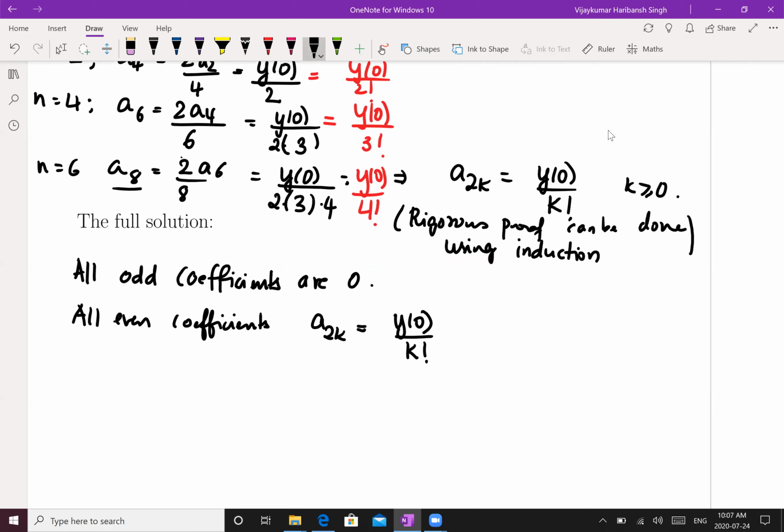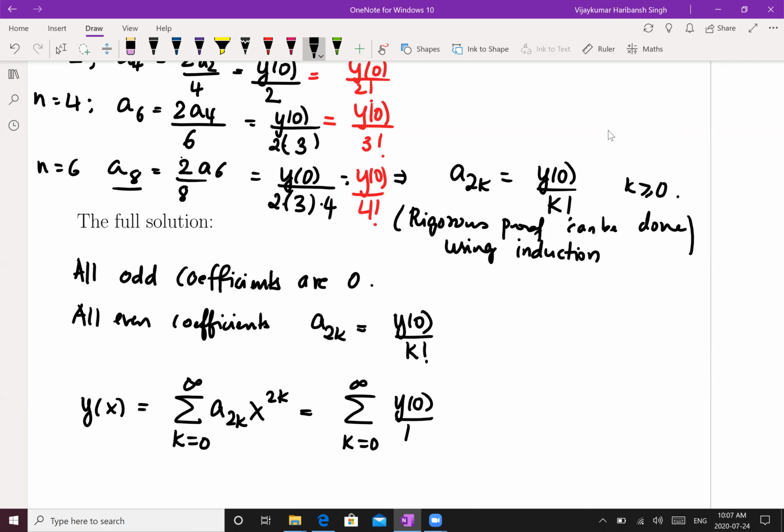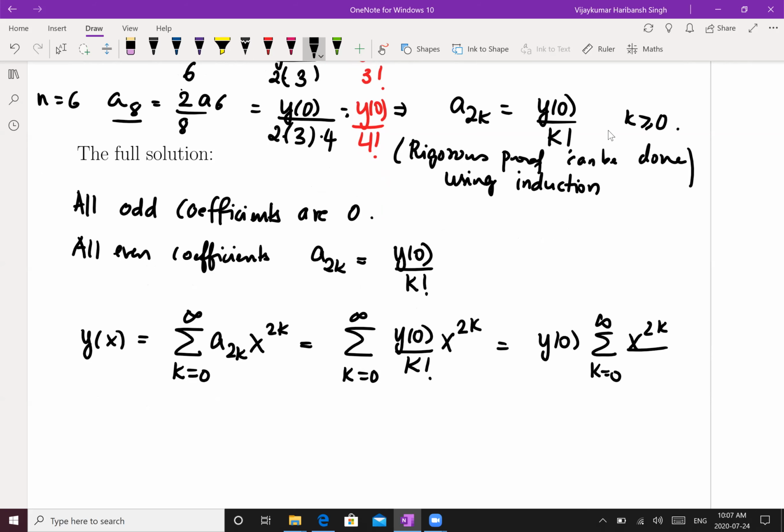So now let's put it back in. y of x is summation k equals 0 to infinity a to the power 2k x to the power 2k. Why is that? Because all the odd ones are 0, so we just need to write the even ones. So this is summation k equals 0 to infinity y0 by k factorial x to the power 2k, which is y0 common, summation k equals 0 to infinity x to the power 2k over k factorial.